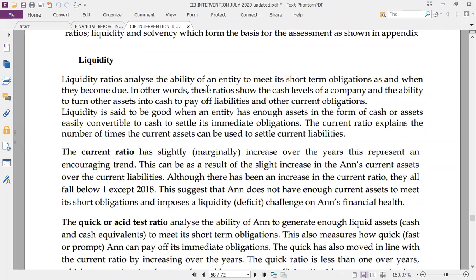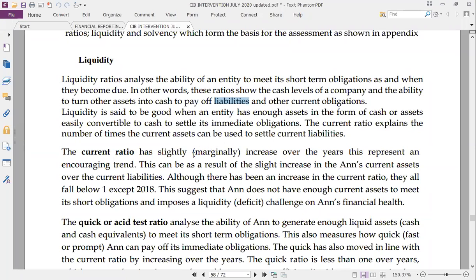In other words, these ratios show the cash levels of the company and ability to turn other assets into cash to pay off present liabilities and other current obligations. Liquidity is said to be good when an entity has enough assets in the form of cash or assets easily convertible to cash to settle its immediate obligation. The current ratio explains the number of times the current asset can be used to settle the current liabilities.